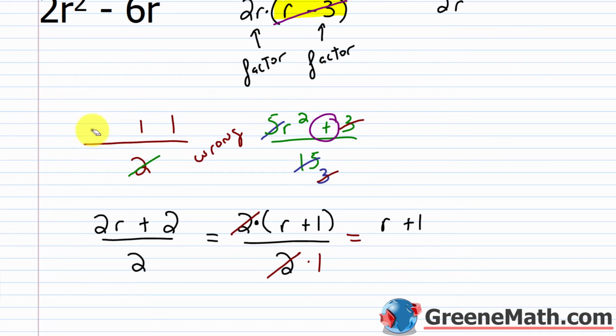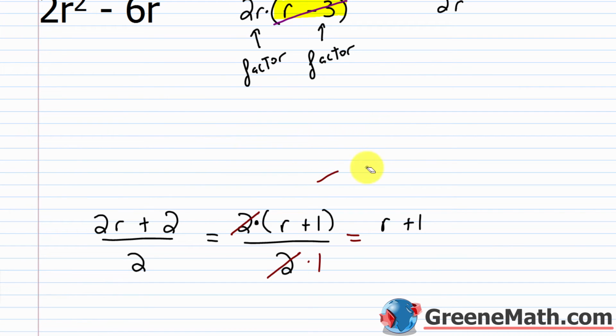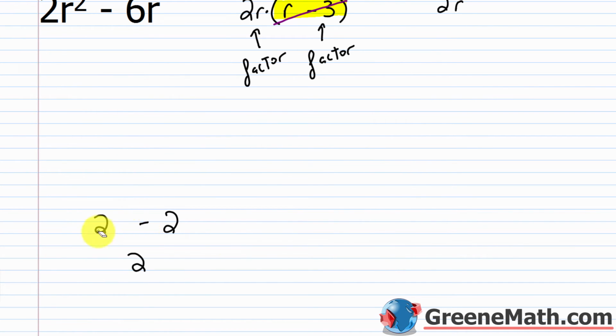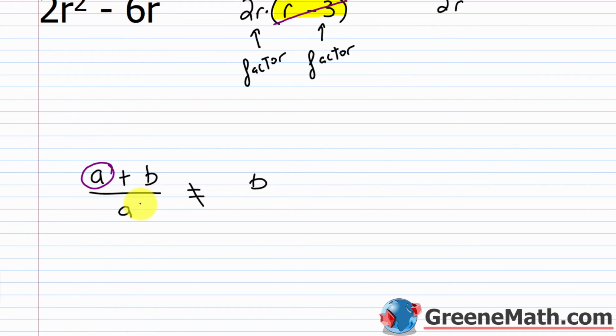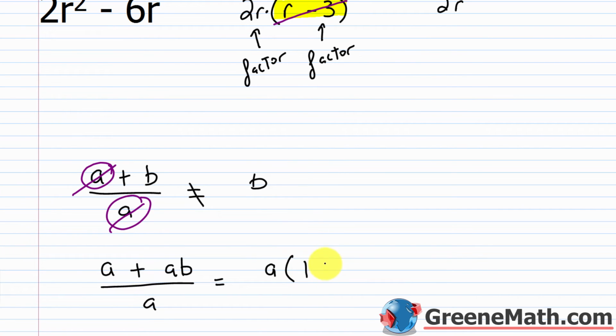The way you want to remember it, if you want a generic example, it's in a lot of textbooks. You might see something like a plus b over a is not equal to b. Because a lot of students will see that and say, okay, well, there's an a here and an a here, so I can cancel this with this, and I'm just left with b. That's wrong. Again, if I had something like a plus ab over a, well, then I could factor the numerator as a times the quantity 1 plus b.